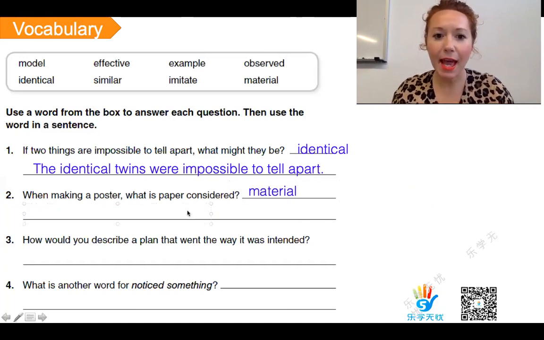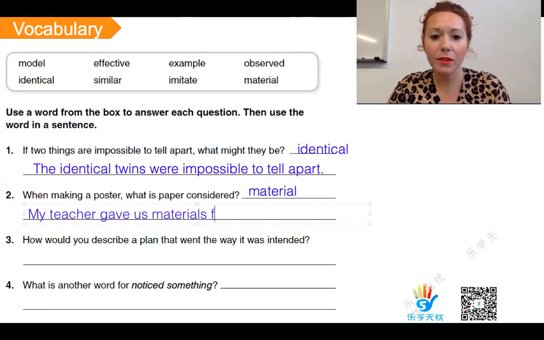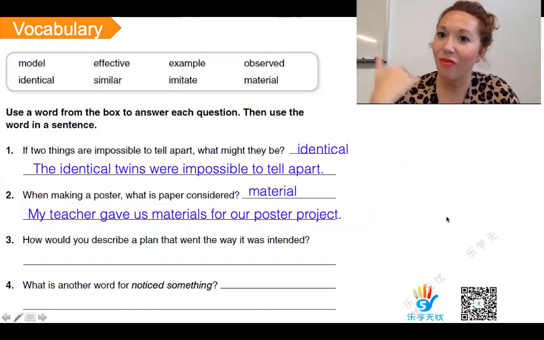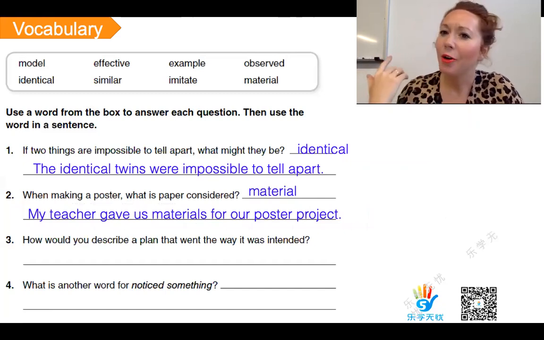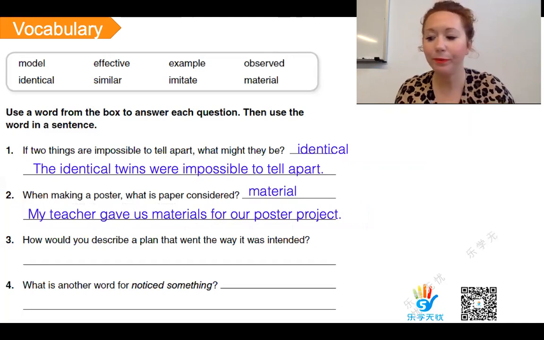So we could say that my teacher gave us materials for our poster project, right? So we could have paper, scissors, crayons, anything like that would be considered a material.